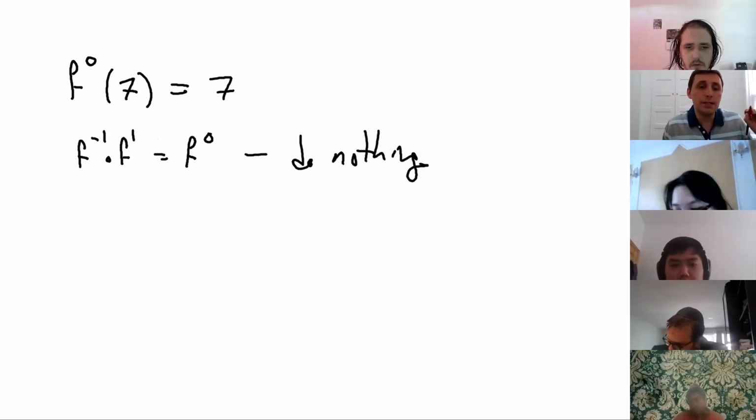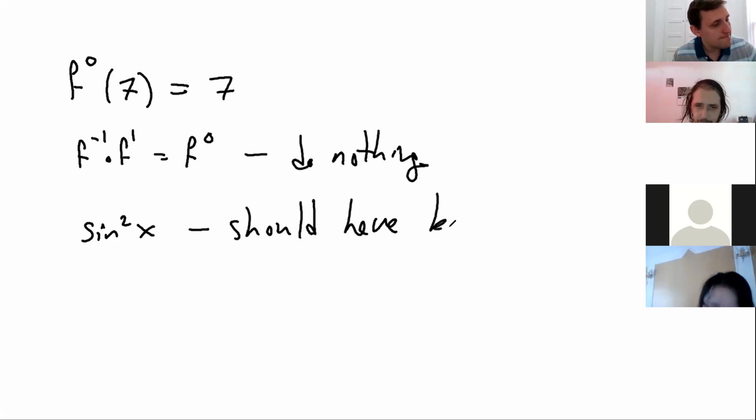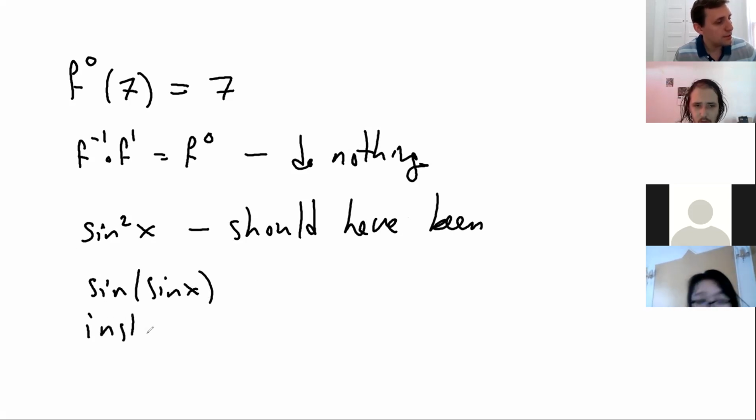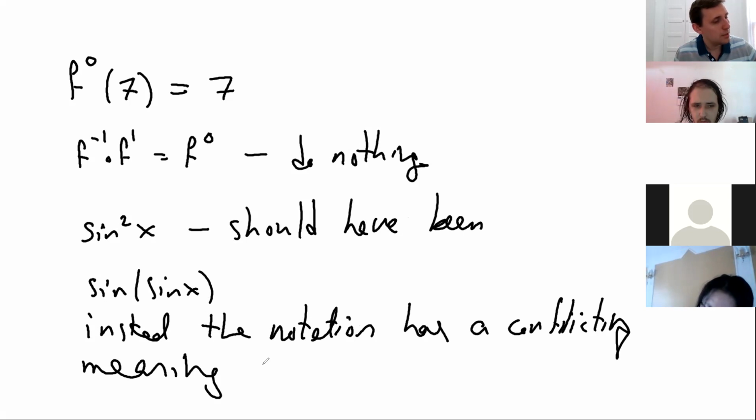Okay. Now there is of course trouble in notation. You see, guys, sine 2 of x should have been sine of sine x, but instead the notation has a conflicting meaning, whereas this is just sine of x squared.